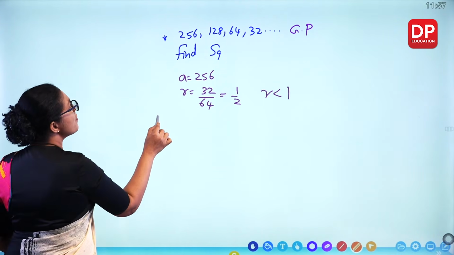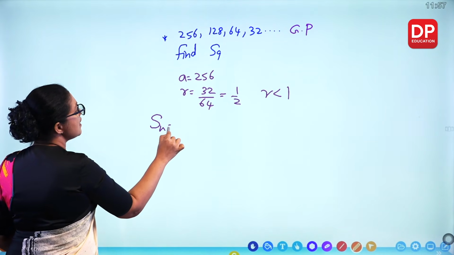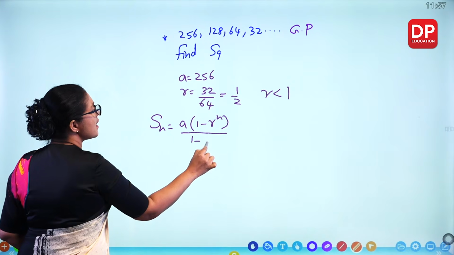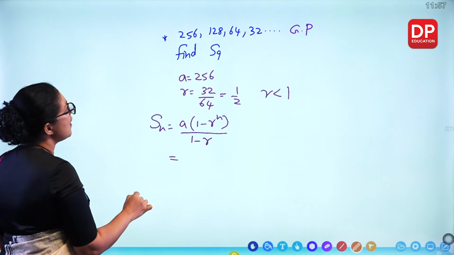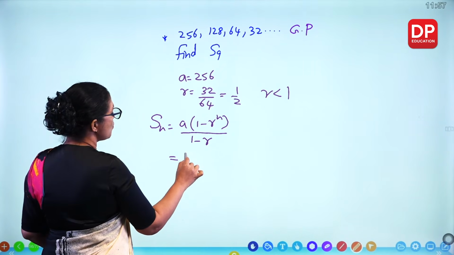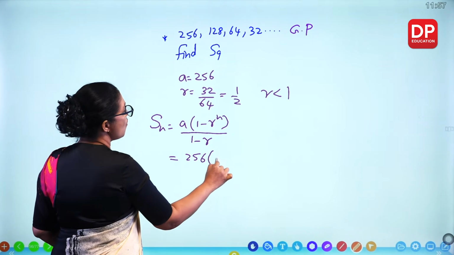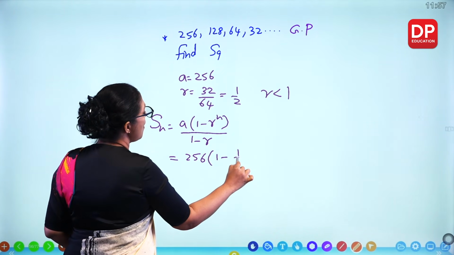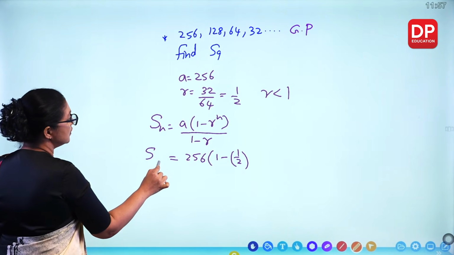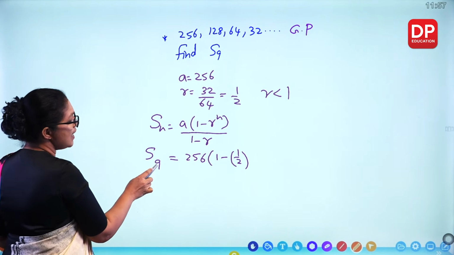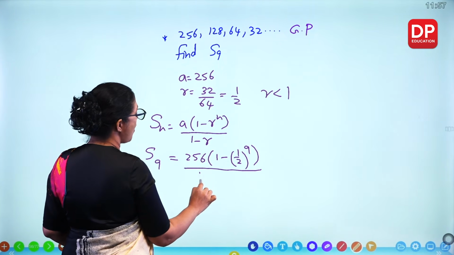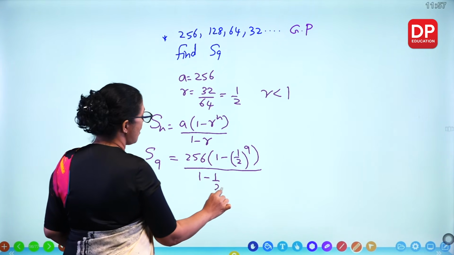Use the proper formula. Sn equals A times 1 minus R^n over 1 minus R. Substitute the values. A is 256. 1 minus half to the power 9, because n is now 9, over 1 minus half.